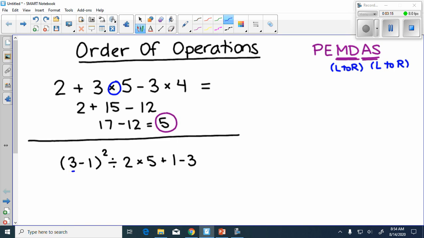We have grouping symbols here. So we're going to do the arithmetic inside those parentheses first and call that 2. After we do all of the grouping symbols, then we go back and do any exponents that are there. And so 2 squared means 2 times 2, and 2 times 2 is equal to 4.